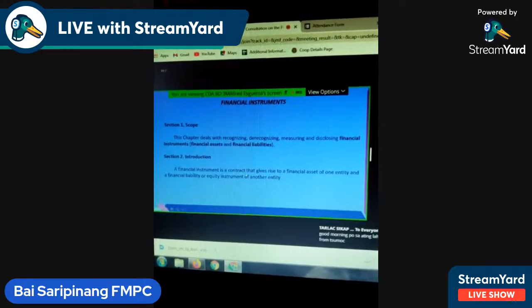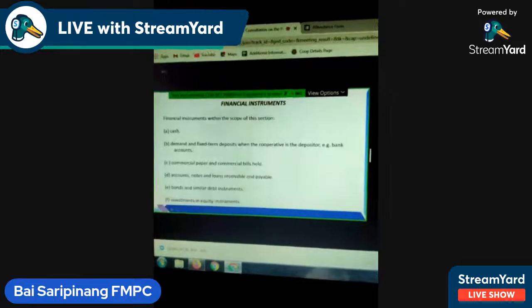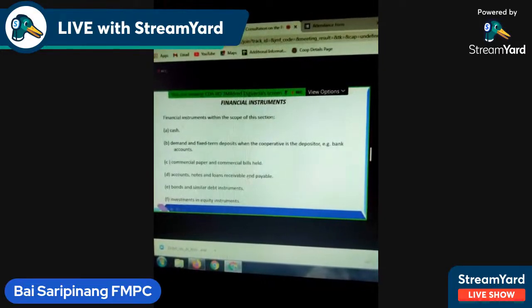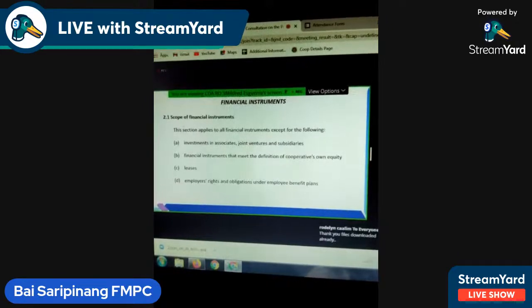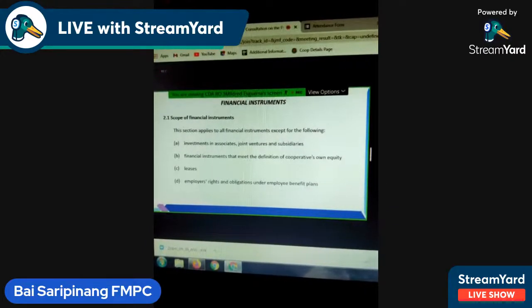Alright, let's talk about now the financial instruments. Kasama pa rin dito sa financial instruments natin yung cash, demand and fixed term deposits, commercial paper and commercial bills, accounts, notes and loans, bonds and similar debt instruments, investment in equity. So, kasama pa rin po yan sa ating mga inclusions ng ating mga financial instruments.